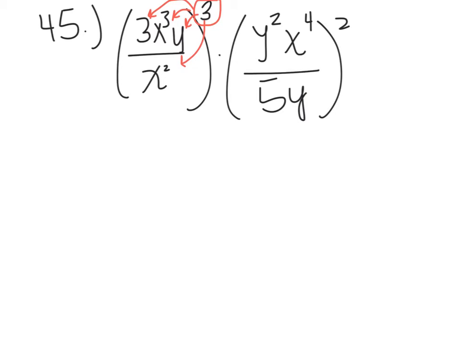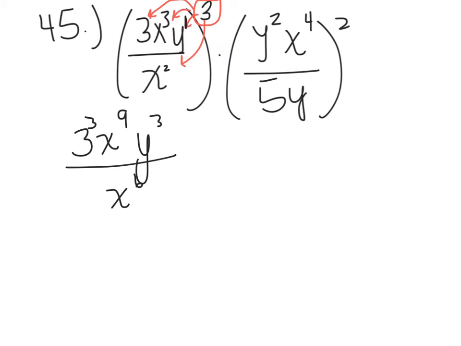So distributing, but not distributing, to give me 3 cubed, x to the 9th. Power to a power you multiply. 3 times 3 is 9. Y right here is really raised to the first power. 3 times 1 is y to the third over x to the 6th.